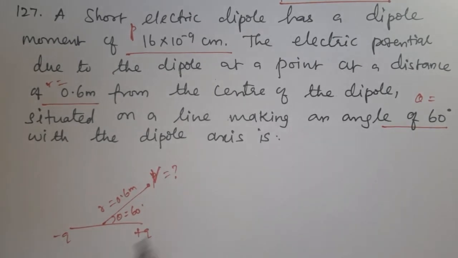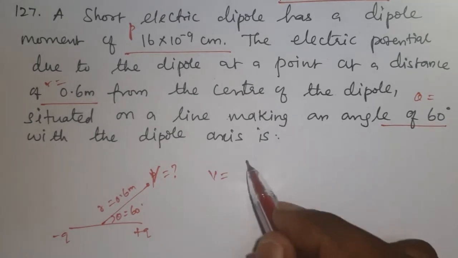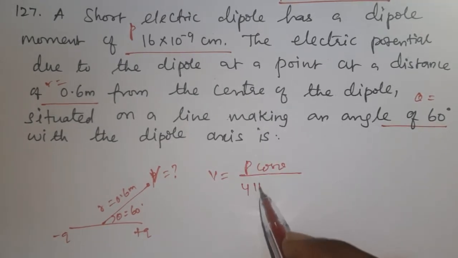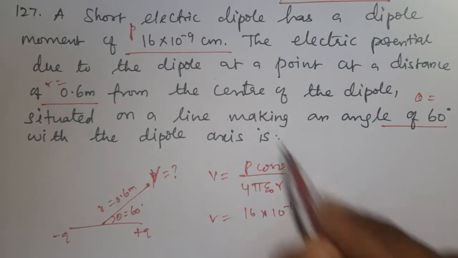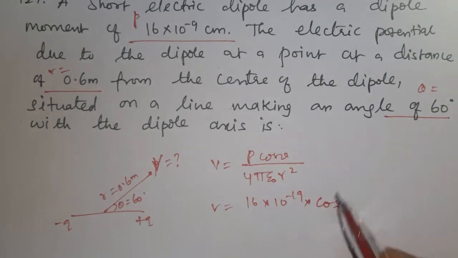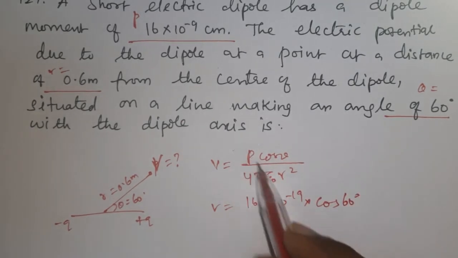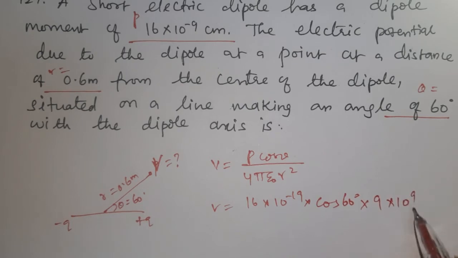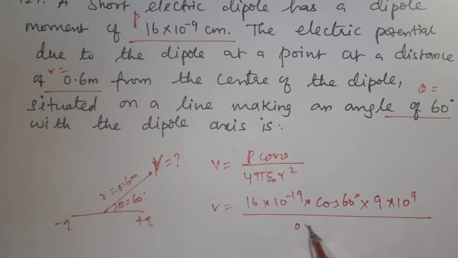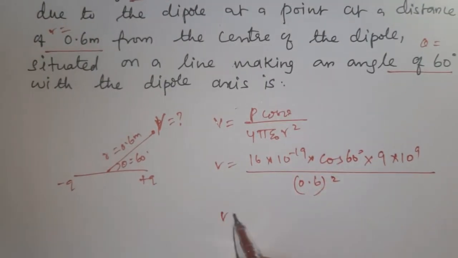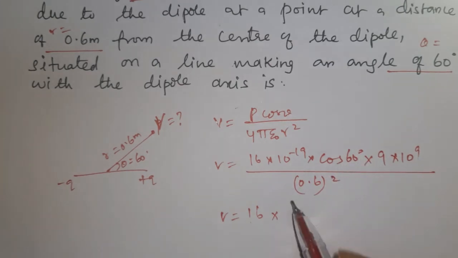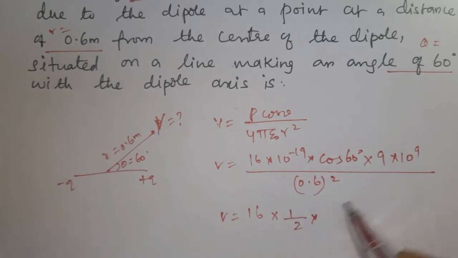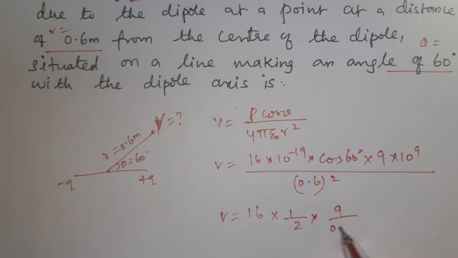We are going to find out potential due to the electric dipole: P cos theta by 4 pi epsilon naught R square. V is equal to P value 6 into 10 power minus 9 into cos 60, theta value is 60, so cos 60 degree. Then this 1 by 4 pi epsilon naught value is 9 into 10 power 9 divided by R, R value is 0.6 whole square. Now V is equal to 6 into 1 by 2, cos 60 value is 1 by 2, into 9 by 0.6 into 0.6, 0.36.